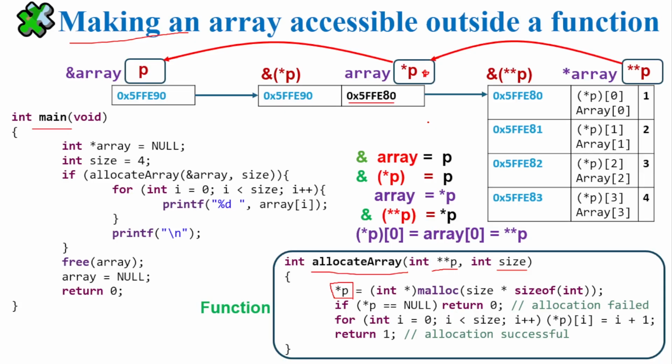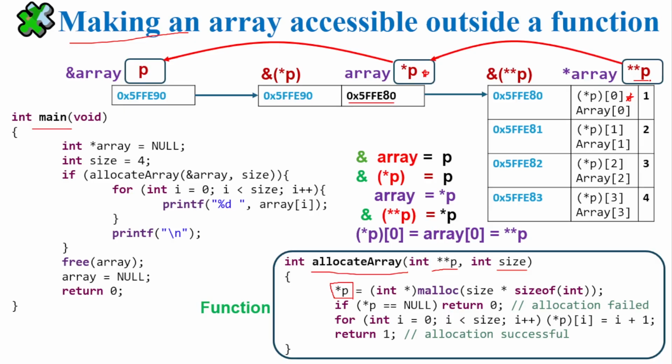Now, if we have a double pointer p pointing to the array, then **p gives the content of the first element of the array. This is because the double asterisk represents the final dereference level of the double pointer, which always points to the actual data.